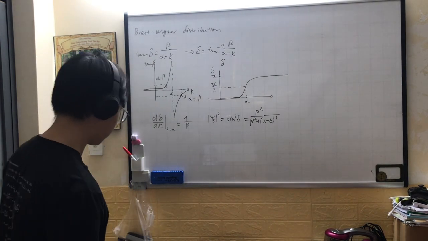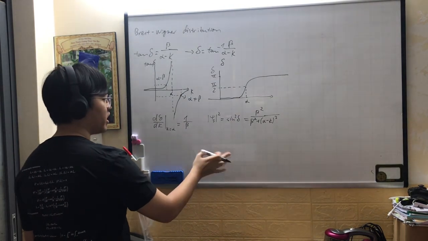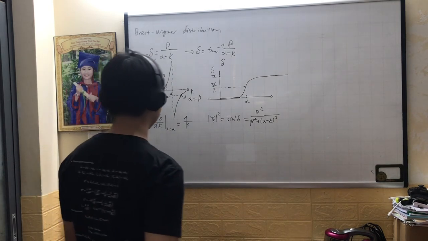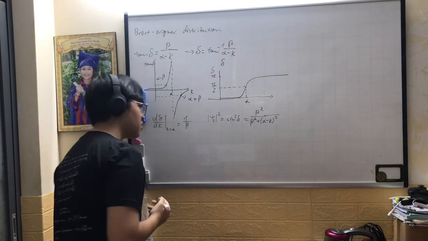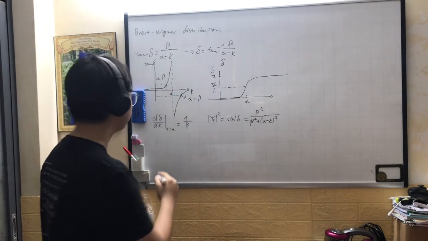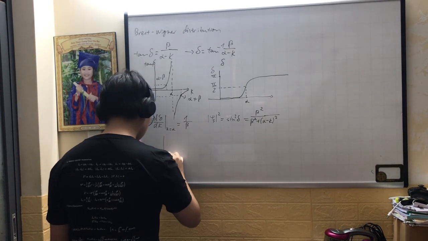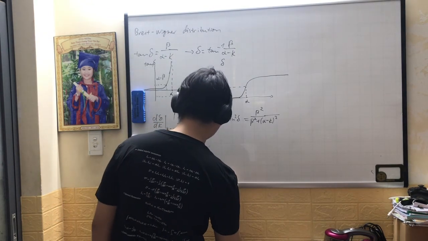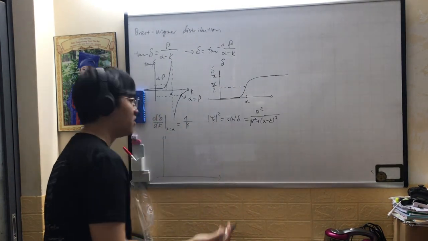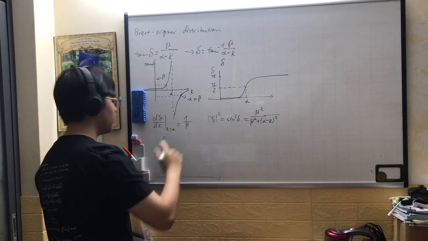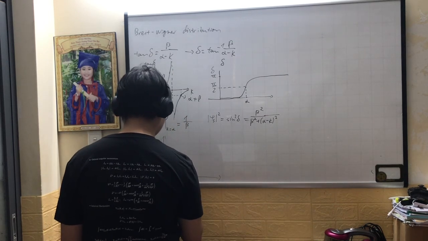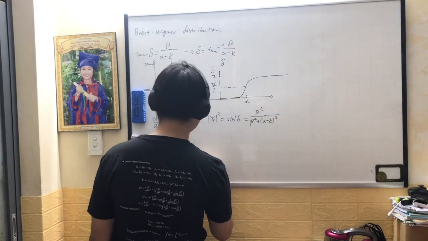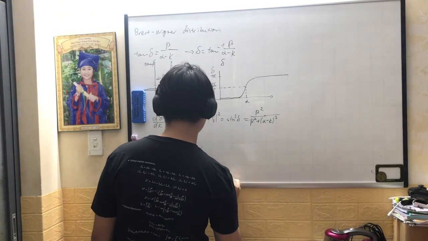Okay, next we're gonna take a look at another graph. Yeah, I know you have to look at a bunch of graphs here. Okay, I will draw the graph first, and then we're gonna look at the formula or equation. So this graph would look like a bell. It's something like that.